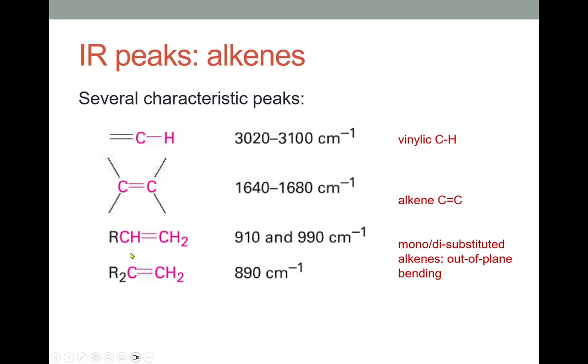We will likely not see these other substitution patterns down here. What this is getting at is that if we have a mono or a disubstituted alkene, we'll get certain kinds of bending that can be detected for determining whether it's one isomer or another, for instance. And those are, again, more for computer analysis than for analysis by eye.